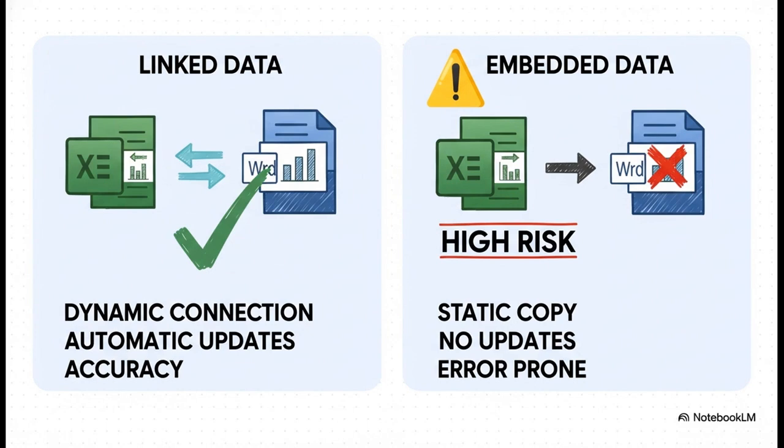You should always use linked data. When you link a chart from Excel, you're creating a live connection. The numbers in Excel change, boom, the chart in your Word doc can be updated with a click. Embedding data, or even worse, pasting a screenshot, you're just asking for trouble. It's a huge professional risk.